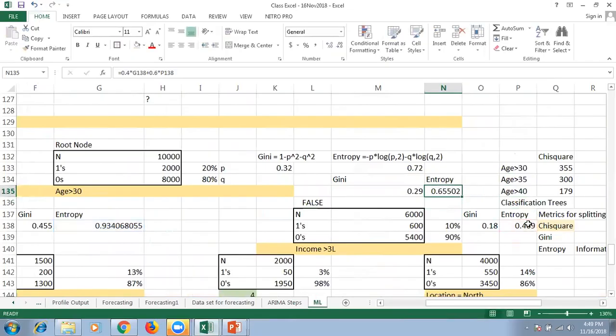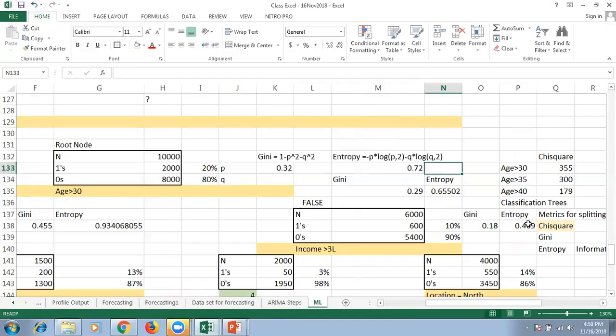So now what is the net improvement you see, from 0.72 to 0.65. Again, whichever best cutoff gives me the highest improvement in terms of my entropy, that is my best split.